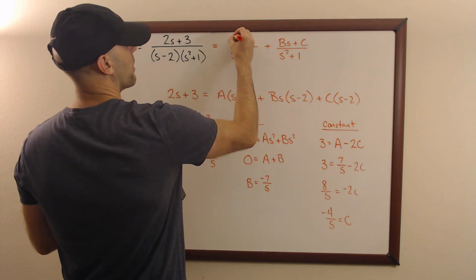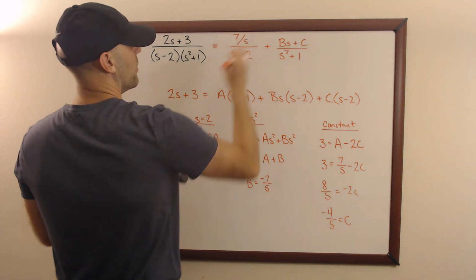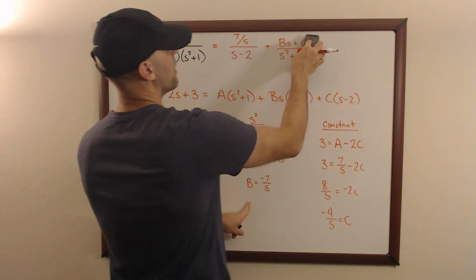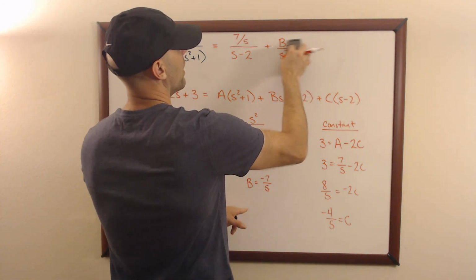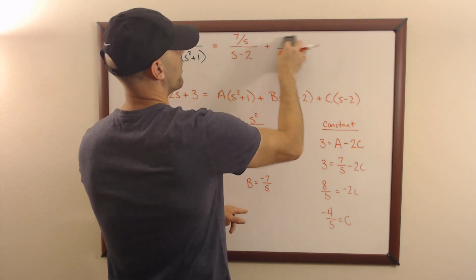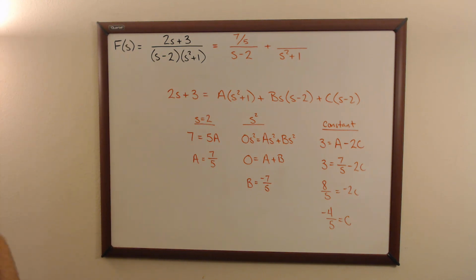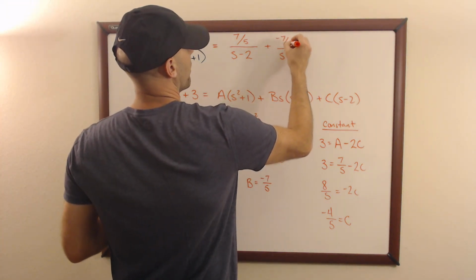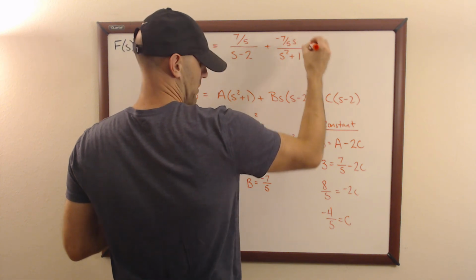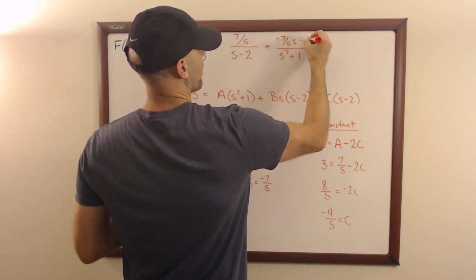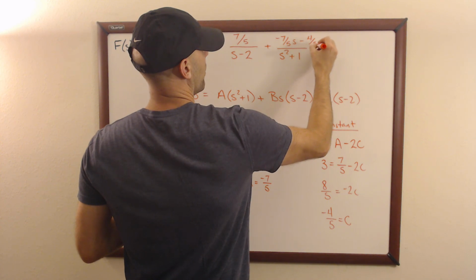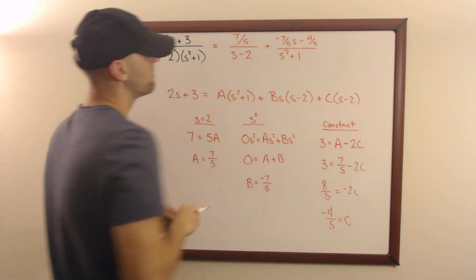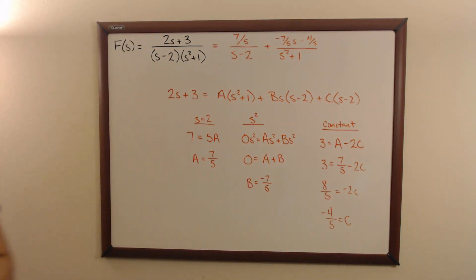Let me write that up here. 7/5, and we have bs plus c. So I've got negative 7/5 s minus 4/5. Okay. All right, let's see what we've got.